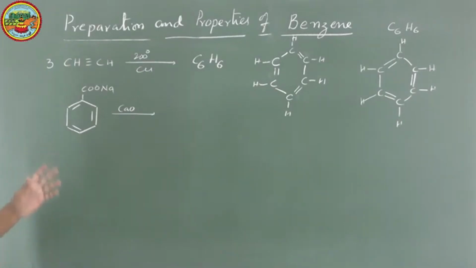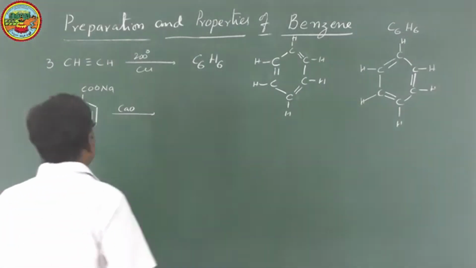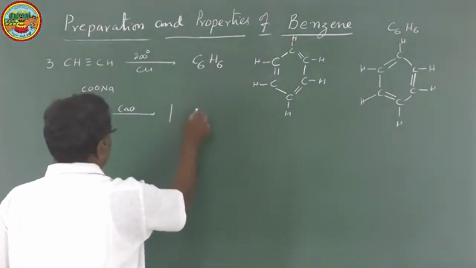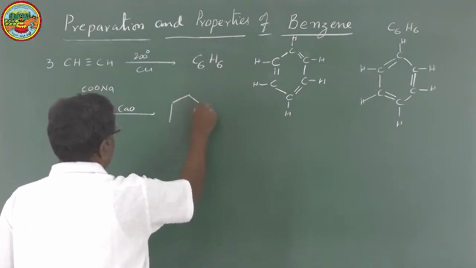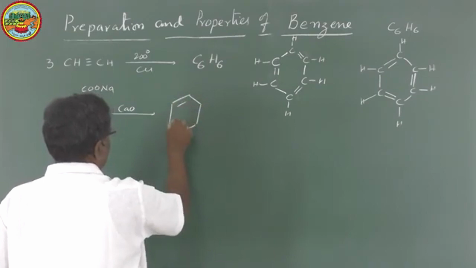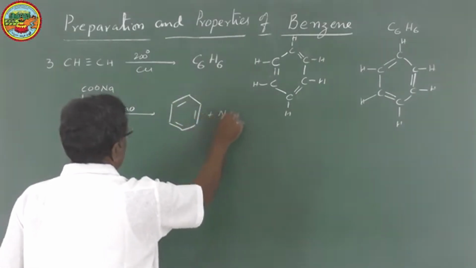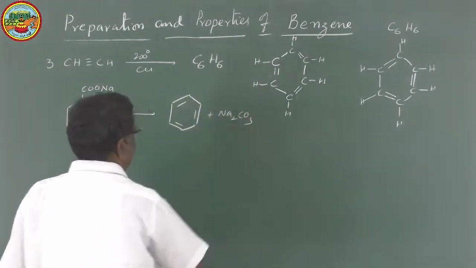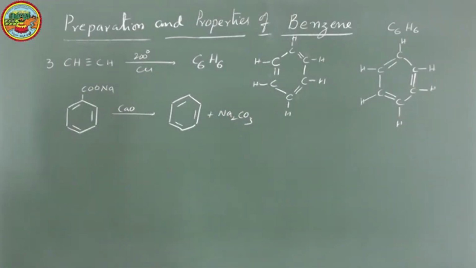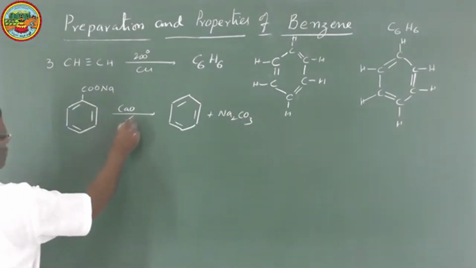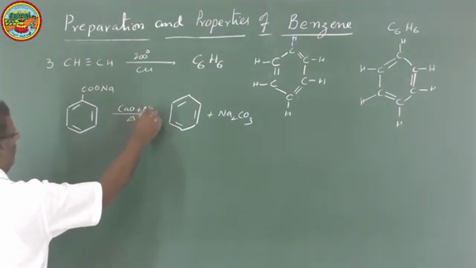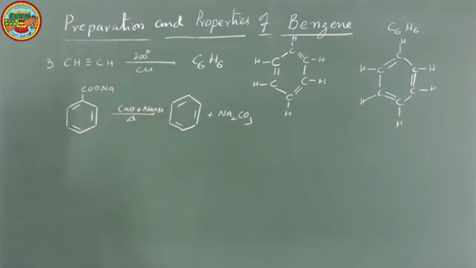When a salt of a carboxylic acid, either benzoic acid or acetic acid, is heated, the respective hydrocarbon forms. Here, due to decarboxylation of sodium benzoate, we get benzene. This reaction is said to be a decarboxylation reaction, heating with soda lime. Soda lime means CaO plus NaOH.